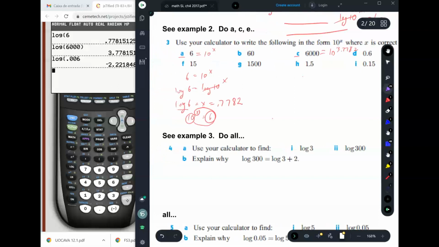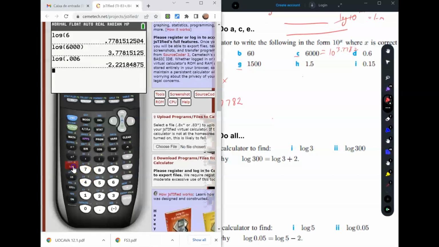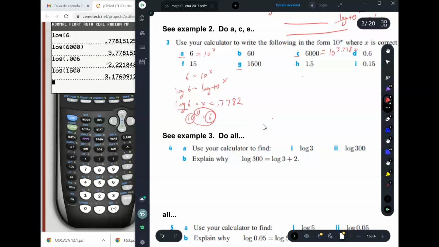Now let's do G. So log of 1500 is 3.1761. So it's equal to 10 to the 3.1761.